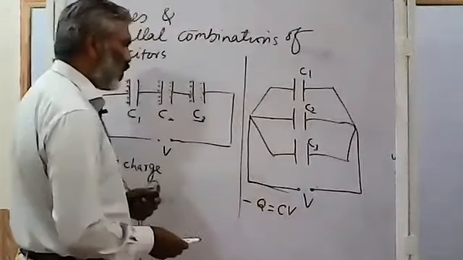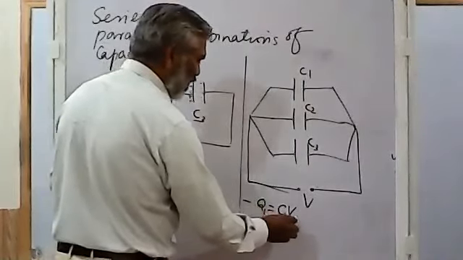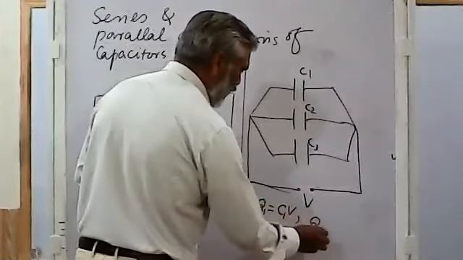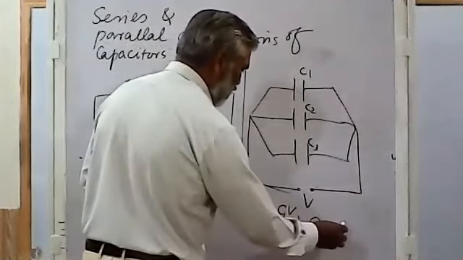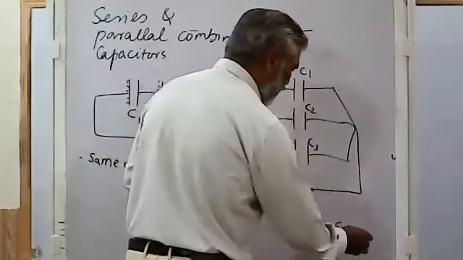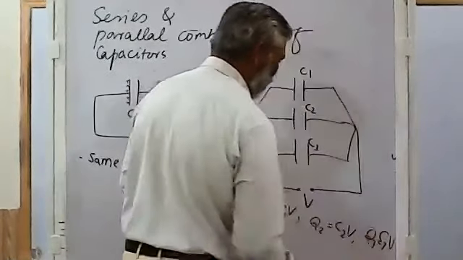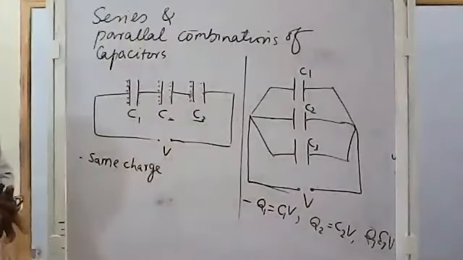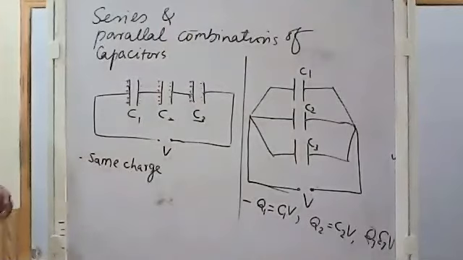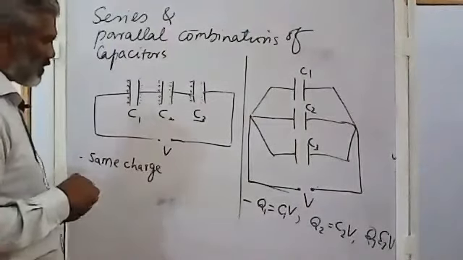So if I want to know how much charge is stored here, Q1 is C1V, Q2 is C2V, and Q3 is C3V. So all these charges will be different. However, the voltage across them will remain the same. So it is same V in all those situations.